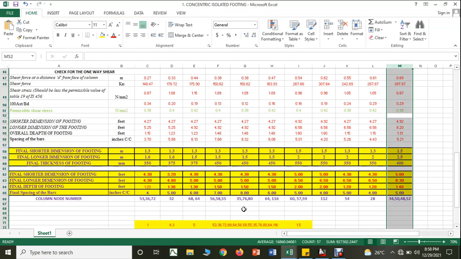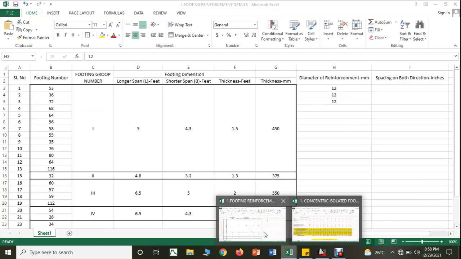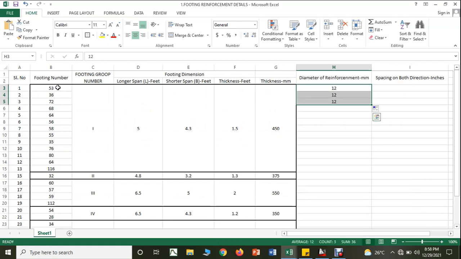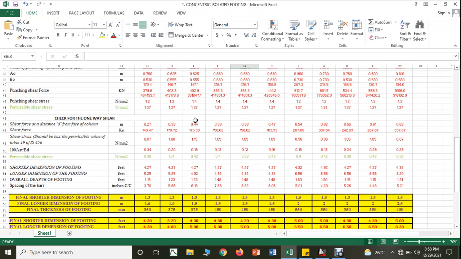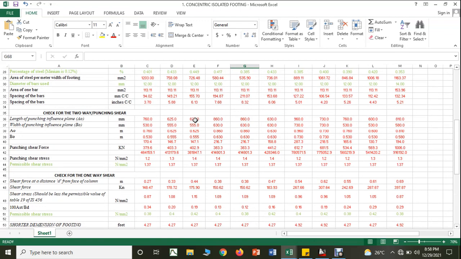Then after that you have 68, 64, 56. Okay, 68 and 64. What is the corresponding diameter?